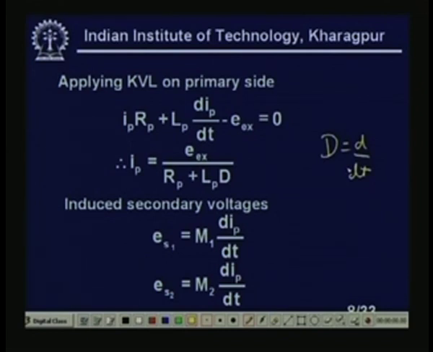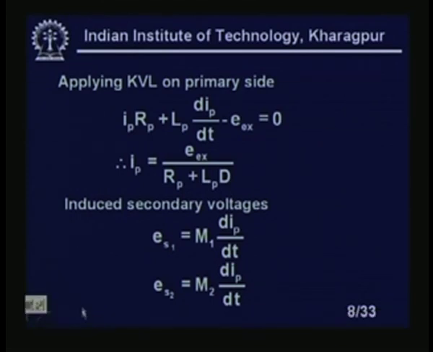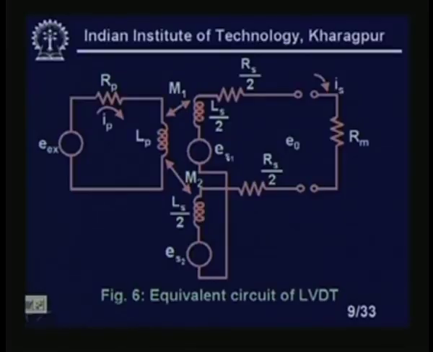Okay. So, I can come back, you see here, and Ex equal to Rp plus Lp D, and the induced secondary voltage Es1 is M1 dIp by dt, and Es2 and Es1 we have already seen. If I go back, you see Es1 is this one and Es2 is this thing, right.